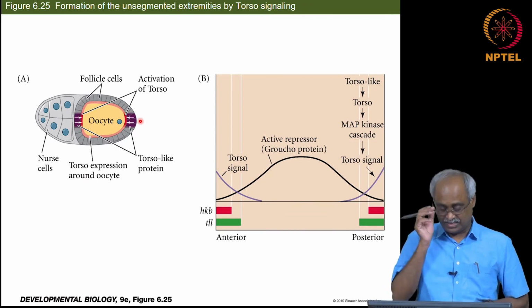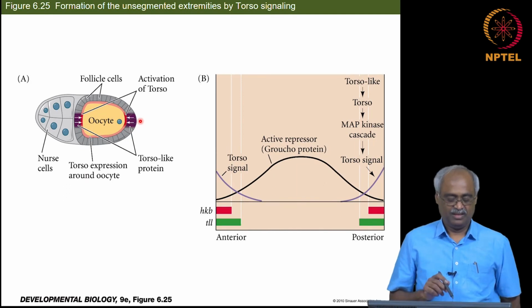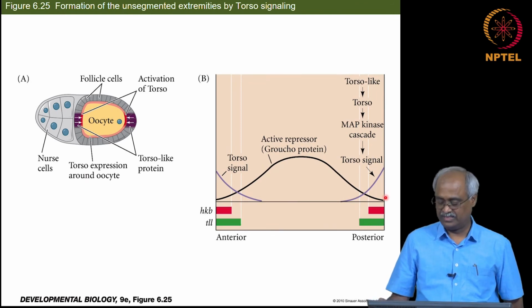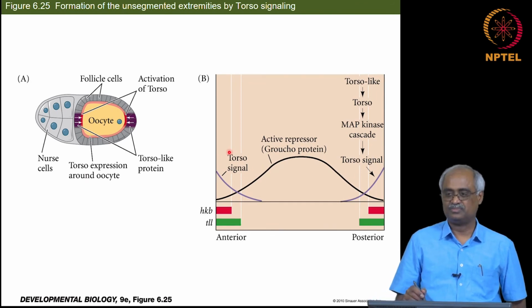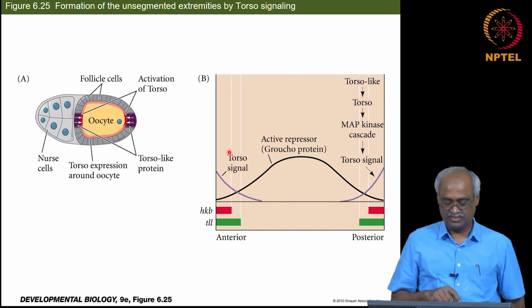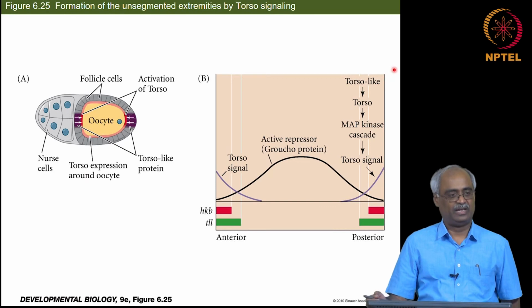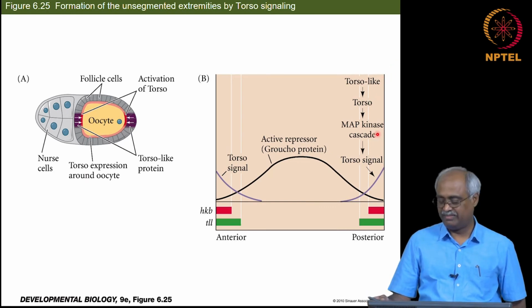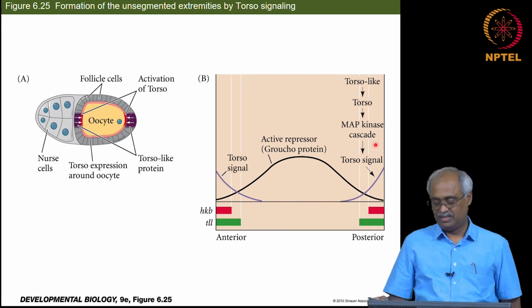Okay, so that is how those extremities are formed, by this RTK signaling. There is a protein called Torso. This Torso is responsible for transducing a signal, and Torso-like binding to Torso and activating the MAP kinase cascade is what leads to the Torso signal.